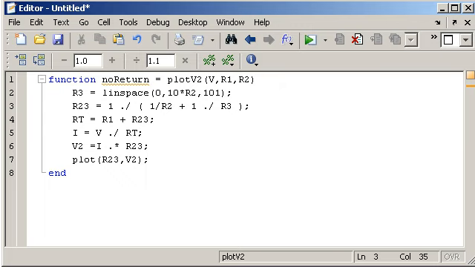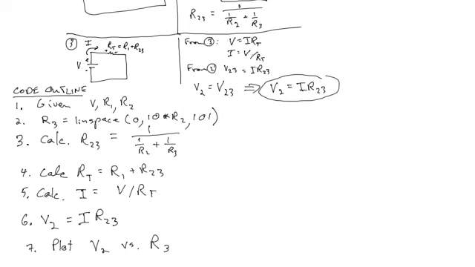So I think for checking the work, I really need to take a look at this. I mean, I should have an idea what the graph looks like when I get done. So I want to do some back substitution. V2 is what we're plotting. V2 is I, which is V over RT, times R23, which is 1 over R2 plus 1 over R3.